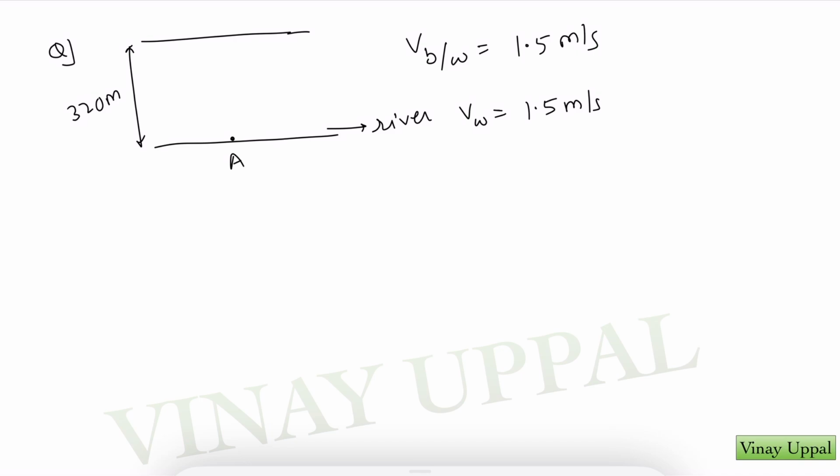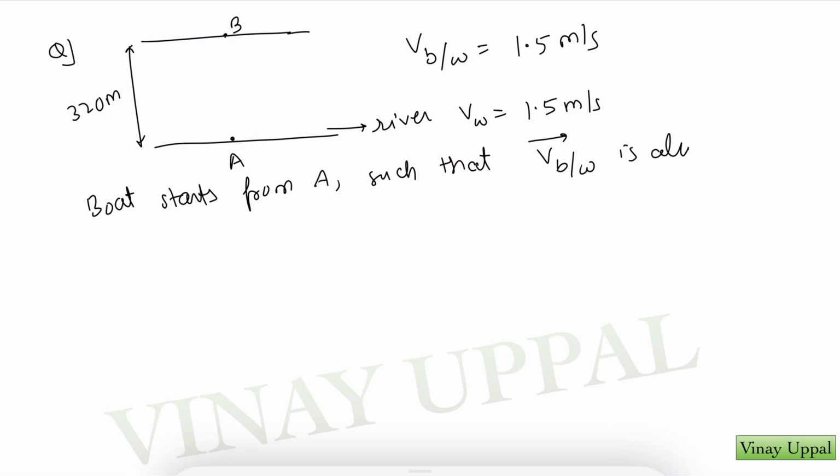And once again, the boat starts from A such that its relative velocity, the velocity of boat with respect to the river, is always pointing towards B, same as the previous question. And B is the point which is directly opposite to point A.